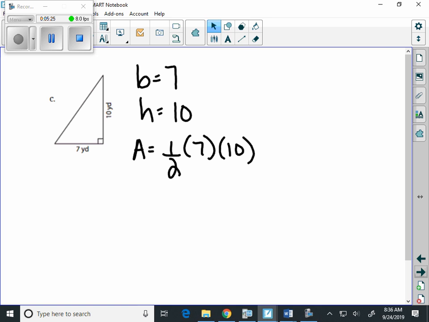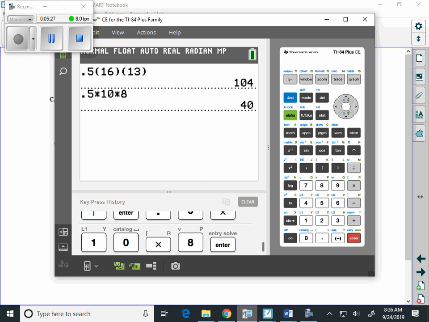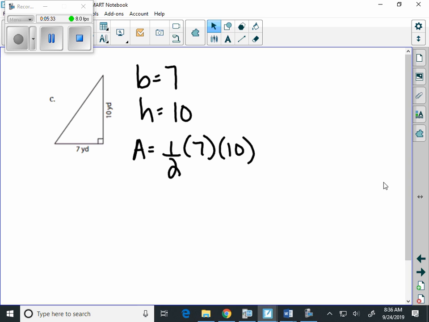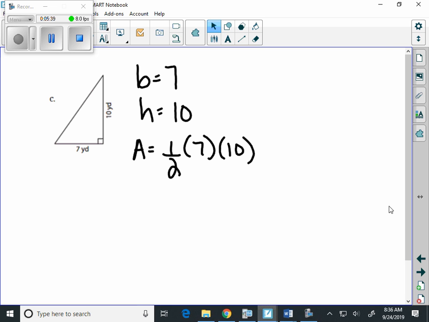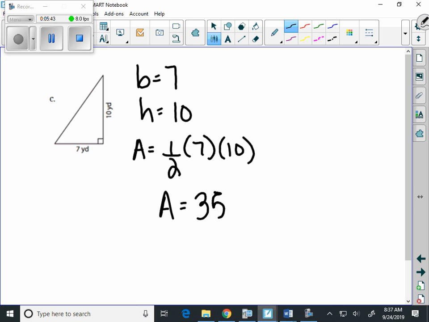And maybe you don't even need to type it in. 0.5 for the 1/2 times 7 times 10. And we get 35. Our units are yards squared.